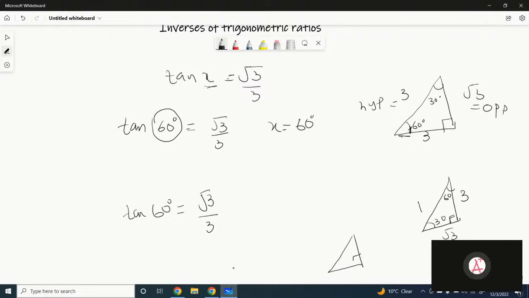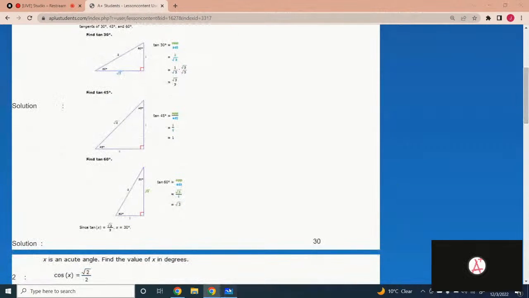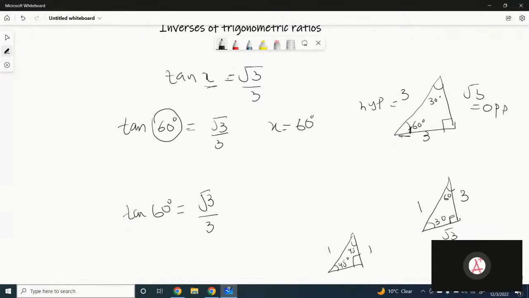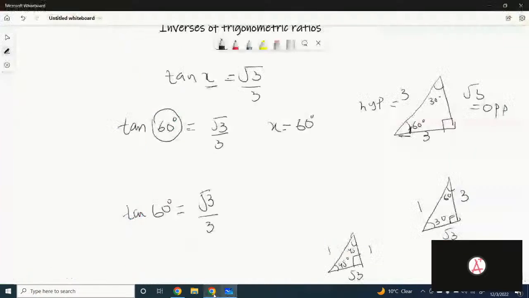This is 90, this is 45 and this is 45. In this case, the side lengths are 1, 1 and square root 3. Got it? So you have to find tan of angle 45.